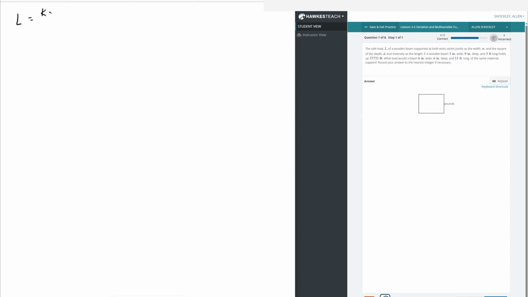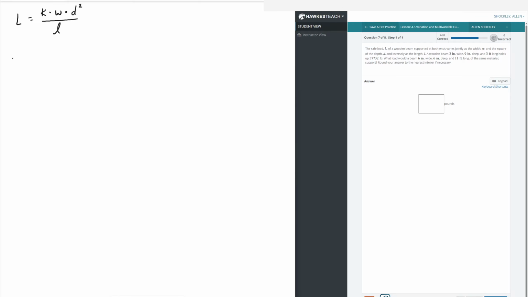So we're going to have a bunch of stuff. K times the width, W, and the square of the depth, and inversely as the length, lowercase l. Okay, so now that we have this, let's figure out what they want us to know.